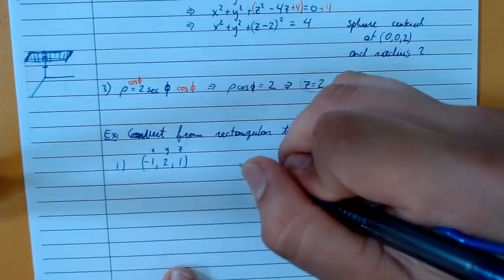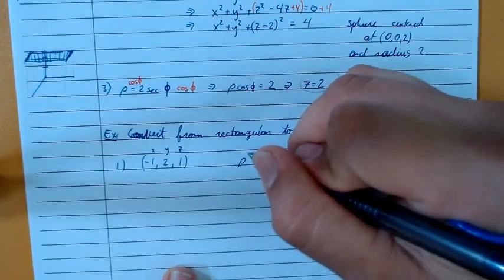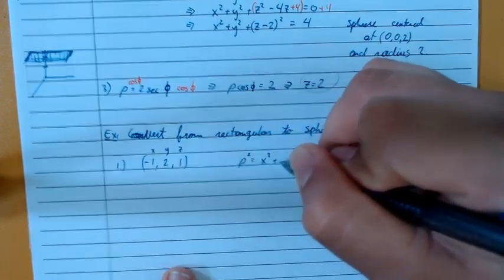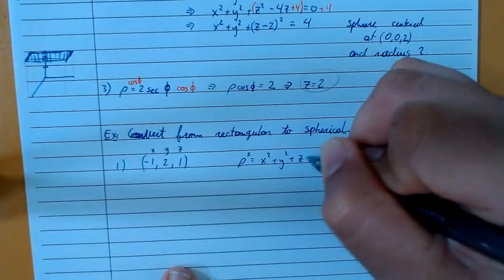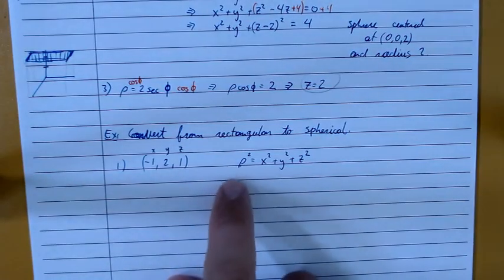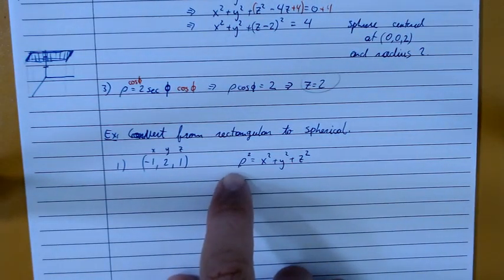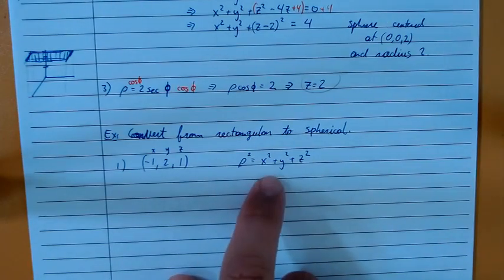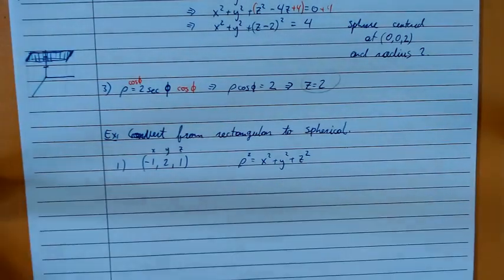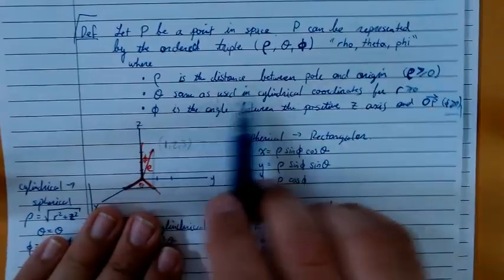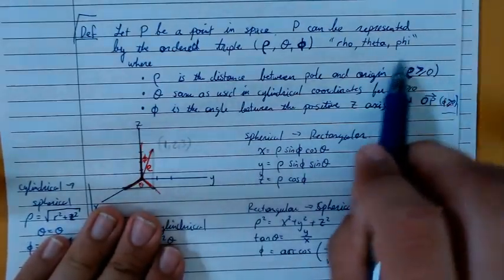Now remember, rho squared equals x squared plus y squared plus z squared. When you take the square root of both sides, you would normally need a positive and a negative. However, given the way that spherical coordinates are defined, rho is a distance, meaning it must be non-negative.